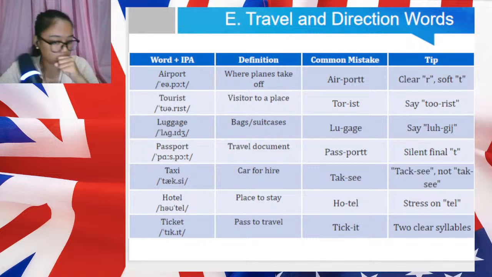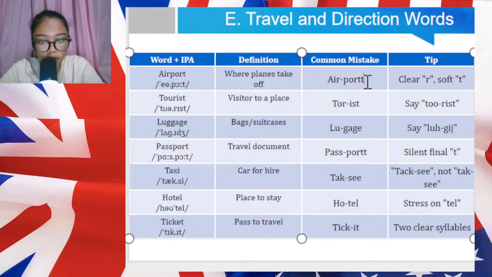Now we have the letter T sound. I have highlighted that particular sound in the common mistake column. The T here should be soft.